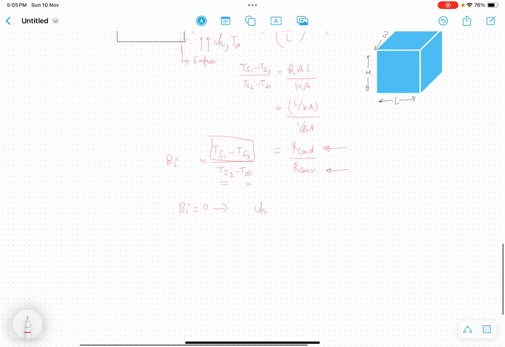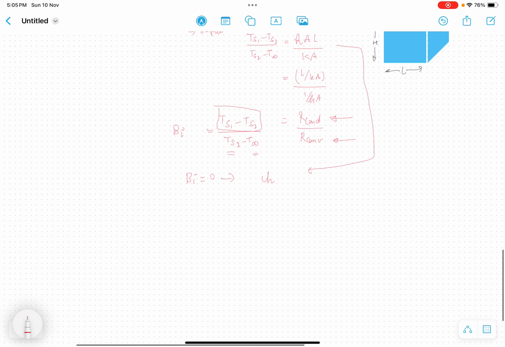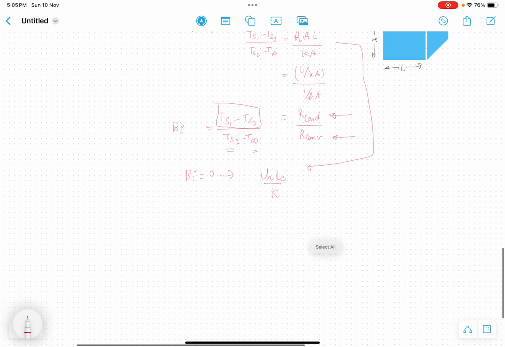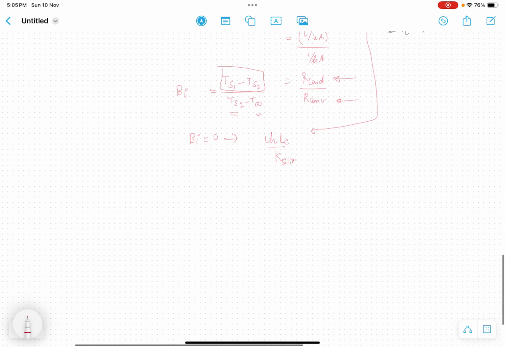If we look at this relation mathematically, it is h times L by k. L is nothing but the characteristic length of the body. I will define what is the meaning of characteristic length. And k is the thermal conductivity of the solid in consideration. Alright, so Biot number is 0 means the thermal conductivity of the body is very high.